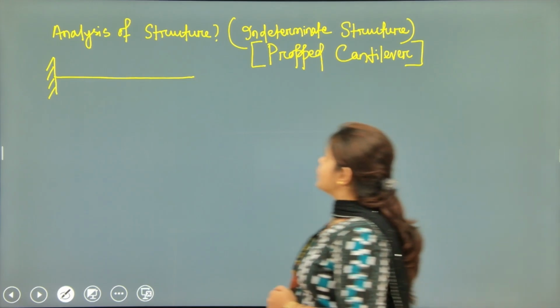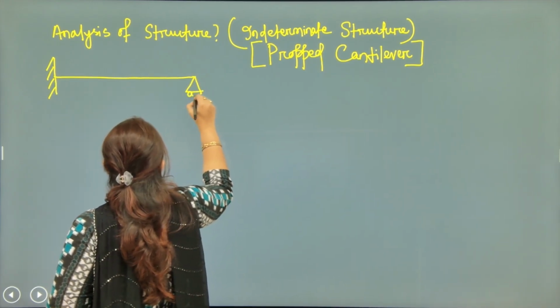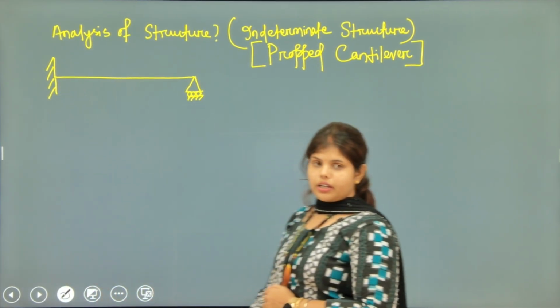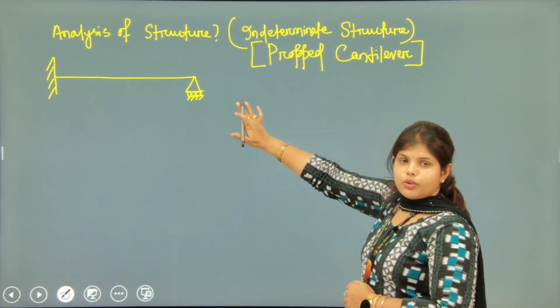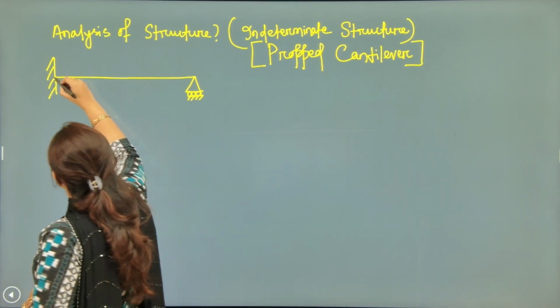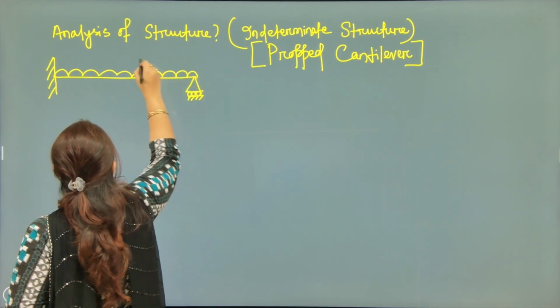In a propped cantilever, we will have a fixed support at one end and a roller support at the other end. The loading condition here will be UDL.